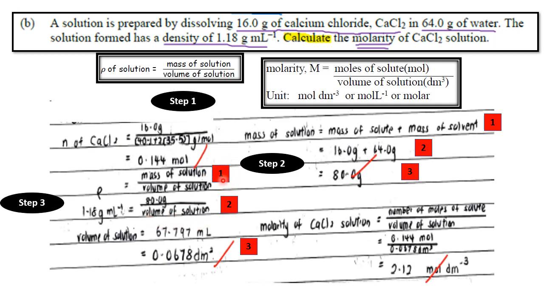Again, write down the formula of density and then substitution. Then I will get 67.6797 ml. Please change to dm³ or liter, because the unit for volume of solution is dm³ for molarity. The last step is step 4. Again, formula, substitution, and final answer with correct unit, which is 2.12 mole per dm³.